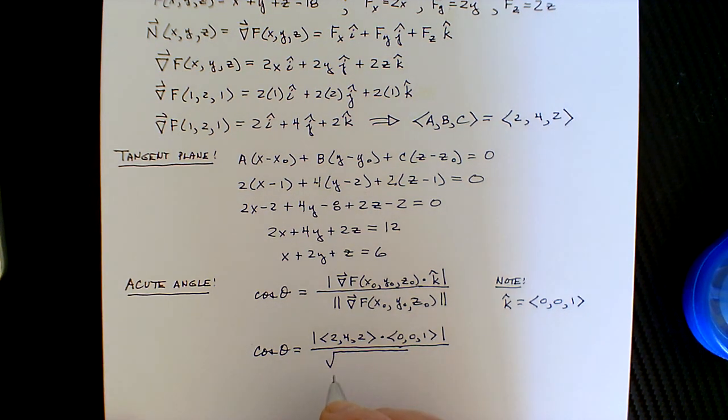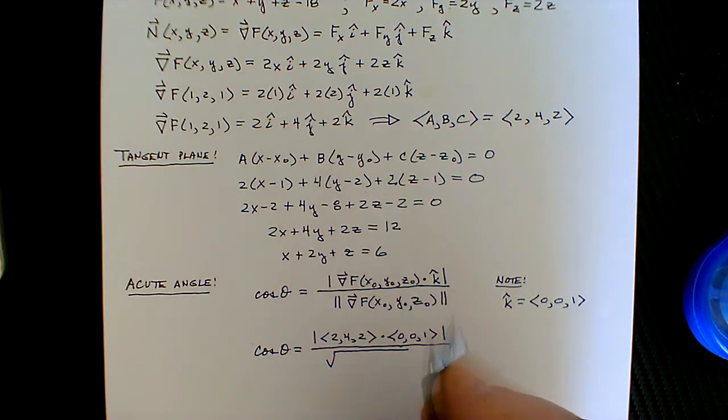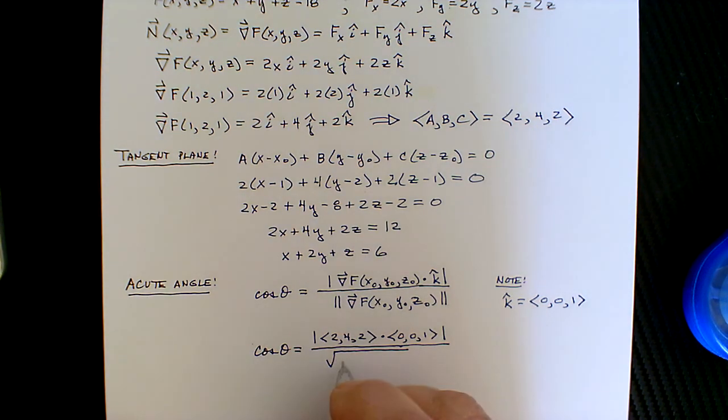So the square root of 2 squared plus 4 squared plus 2 squared.